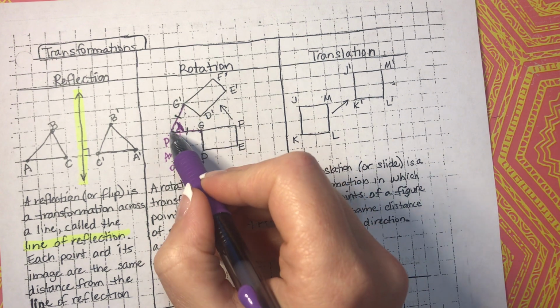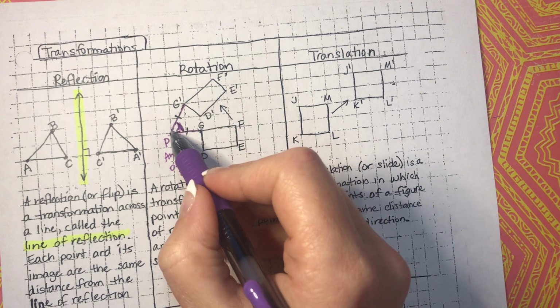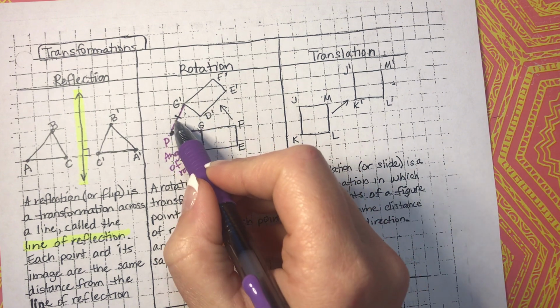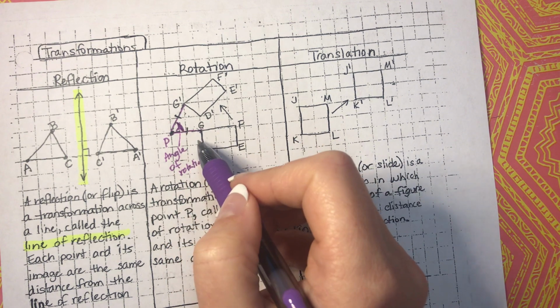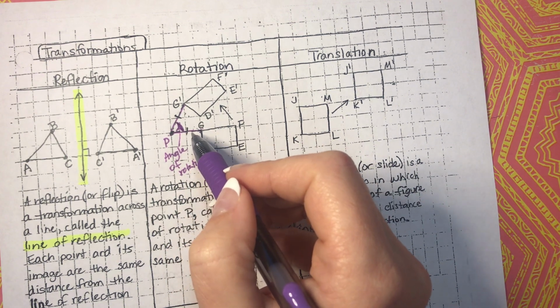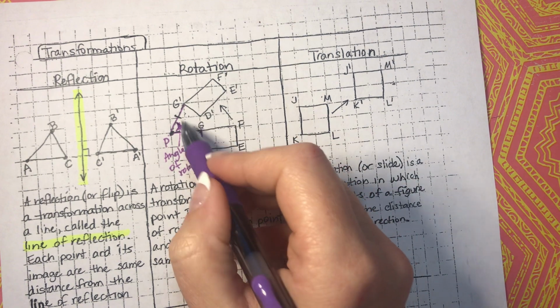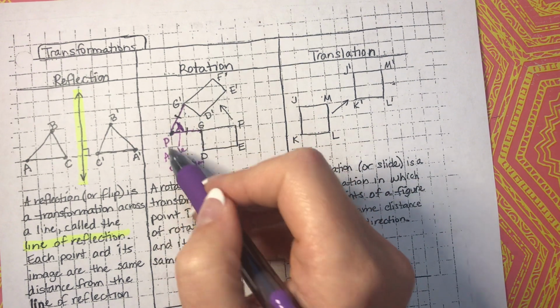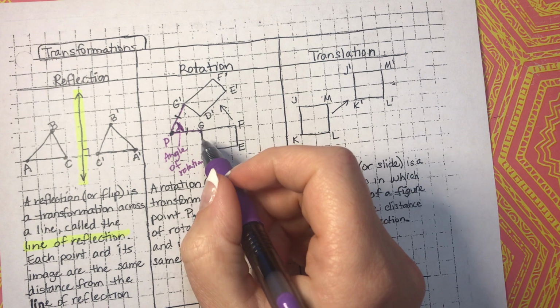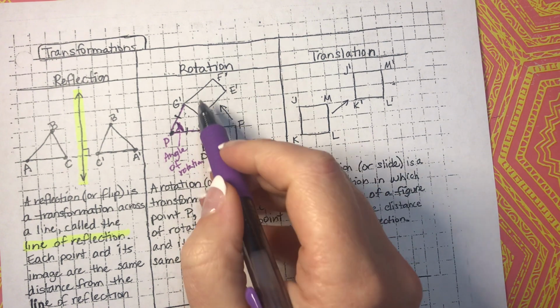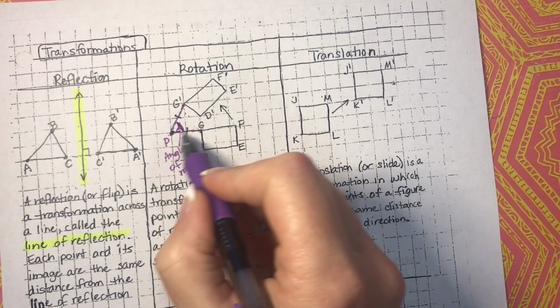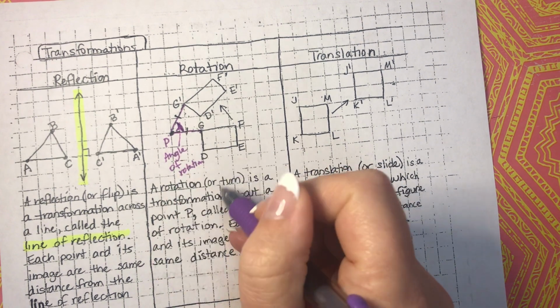G prime is also the same distance, but it's hard to see because it's at an angle, so you can't really see it on this graph paper. We could calculate it using the Pythagorean theorem, but we're not going to do that right now. I just need you to understand that it's the same distance away.